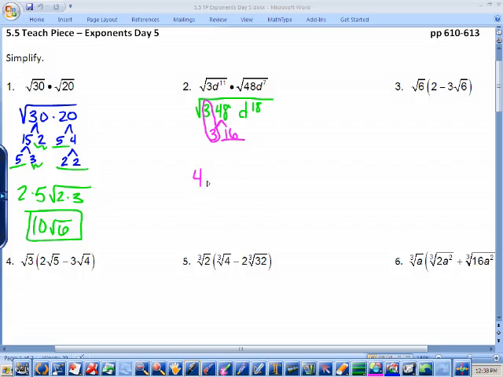So I've got 4 times 3. Do I have anything left over under the square root for that number? No. And then I want to think, okay, what's the square root of d to the 18th? Yeah, because 2 goes into 18 9 times evenly, and there is no remainder. This is d to the 9th. So our final answer would be 12d to the 9th.